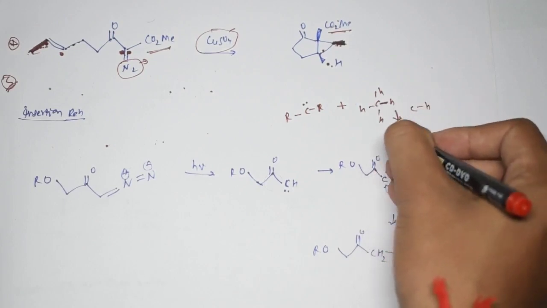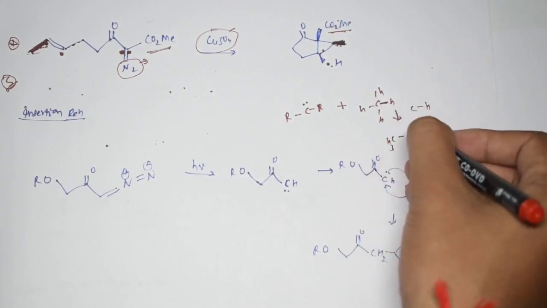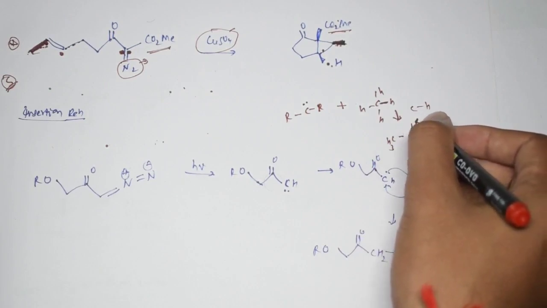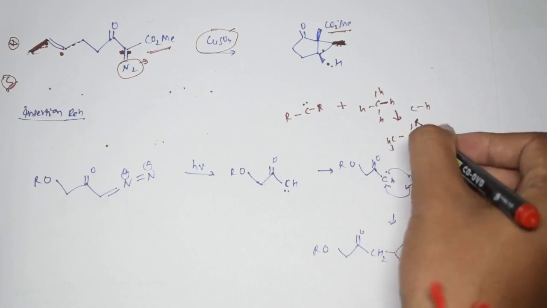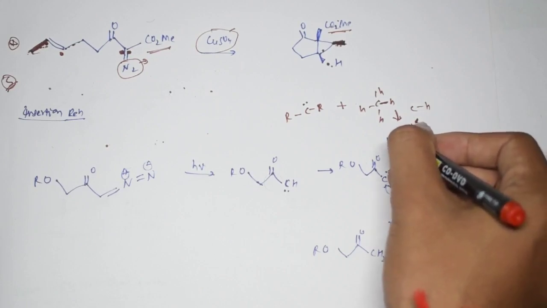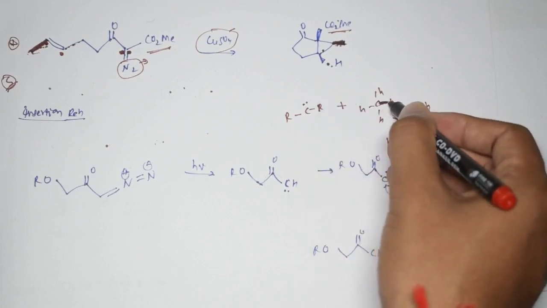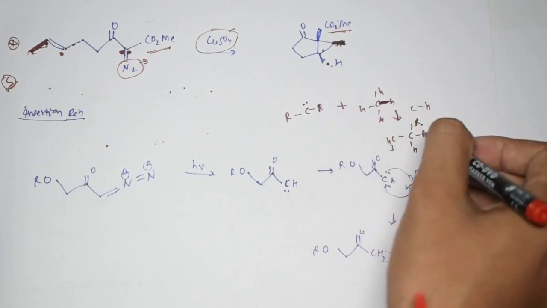So we can have this CH3, and here we can have this C, and here one R, and again one R and this one H. You can see the carbene which we have over here will get inserted between this carbon and hydrogen, right? So that's why we are getting this.